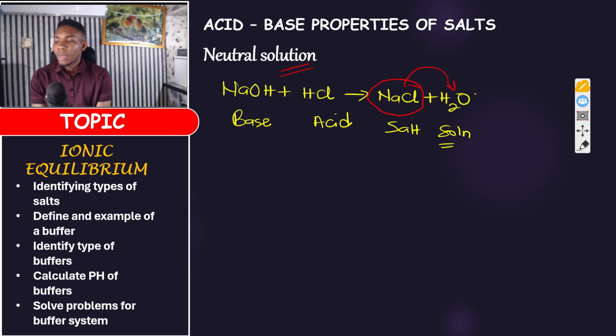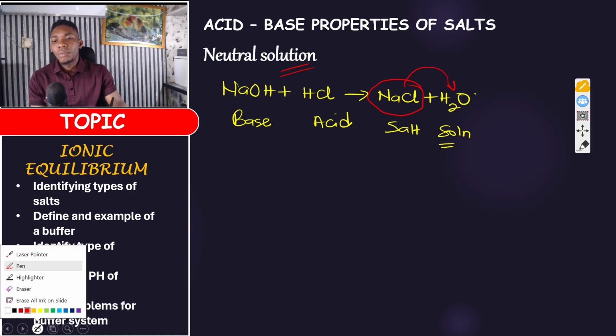Is that okay? Now, examples of those kinds of salt are most salts containing an alkaline metal or alkaline earth metal, except beryllium.